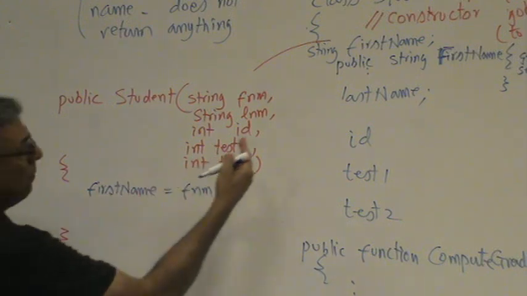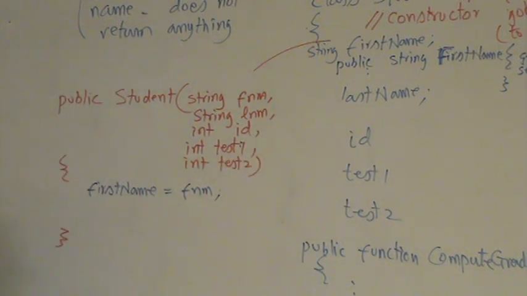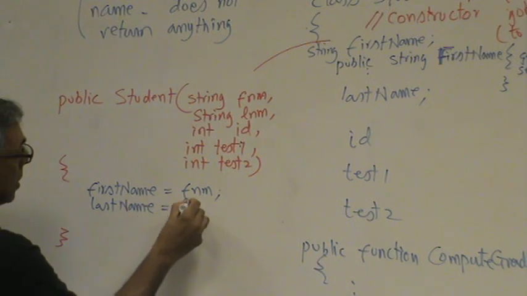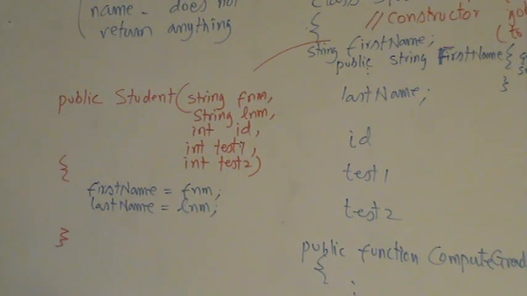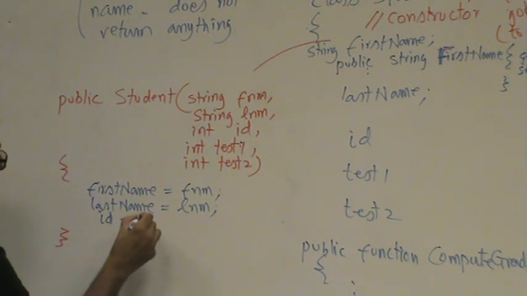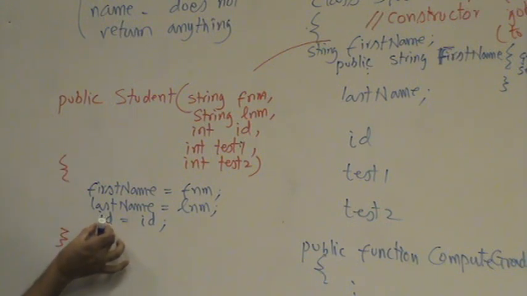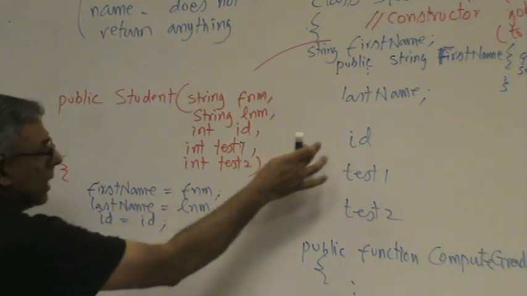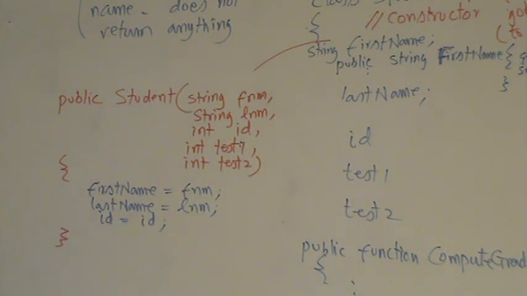Okay. Same way, what was our next field? Last name equal to LNM. Okay. What was our third field? ID. So we will say ID equal to ID. Okay, so which ID are we talking about? The ID that we received as a parameter, or the ID that is part of the data inside the class?